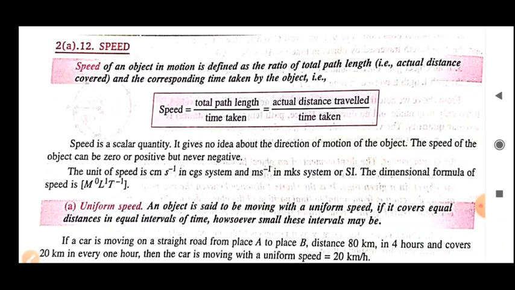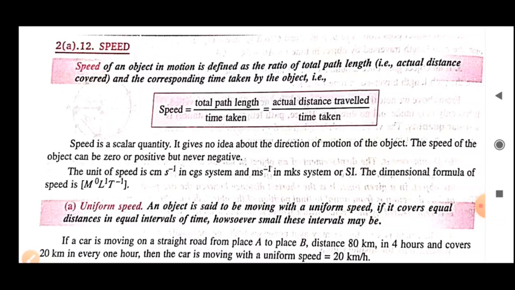So whenever we are saying the speed, at that time we don't have any idea about the direction in which that car is going or the person is going. Only we have the idea about the speed of that person. Means what is the distance covered by him in that time. So this is the speed, simple.